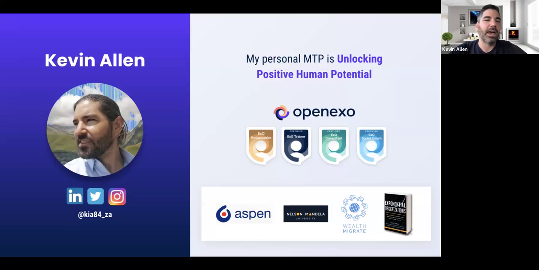I did some consulting and then went through all the certification programs, and then ultimately joined the core team of Open EXO to help build out the community. At that time, back in 2017, there were about 250 people in the community, and we've obviously grown that quite a bit to today. And my personal MTP is about unlocking positive human potential.